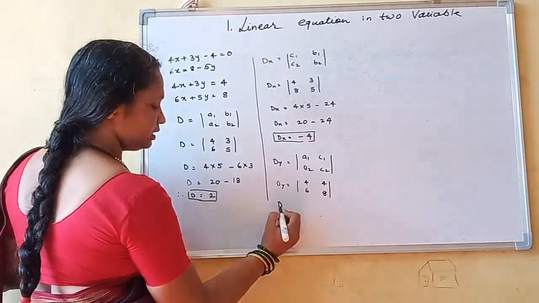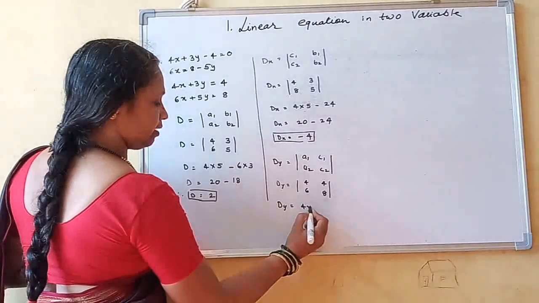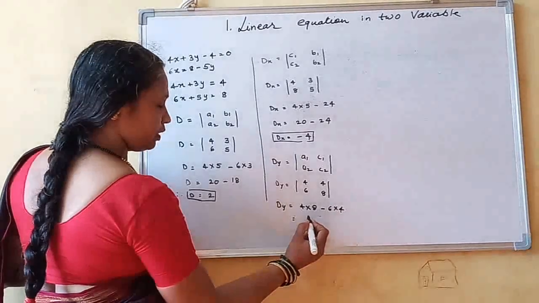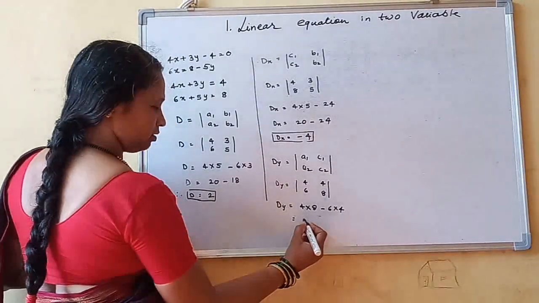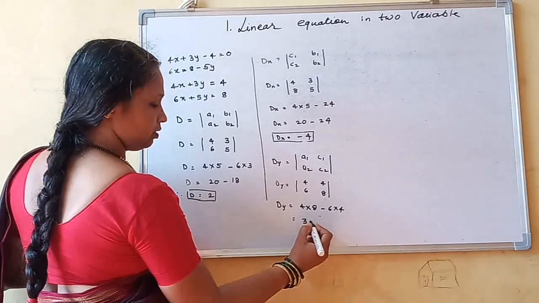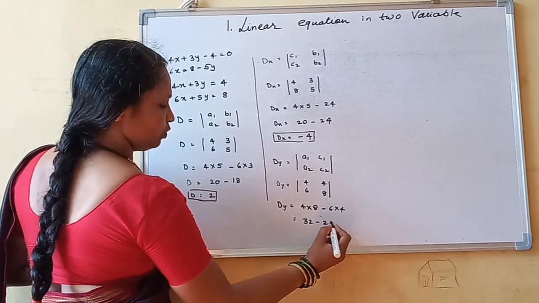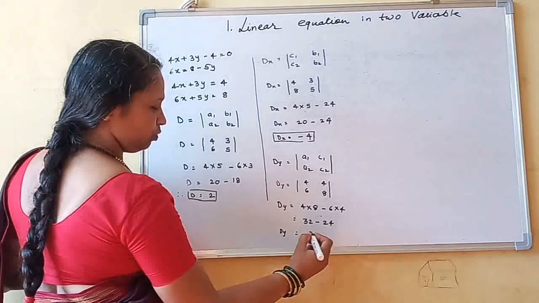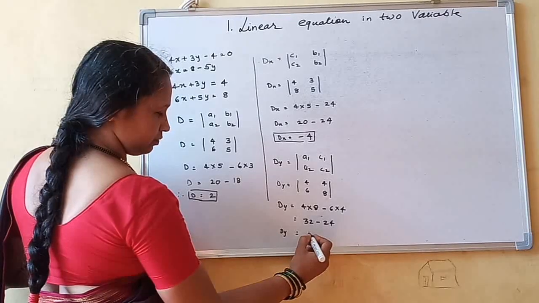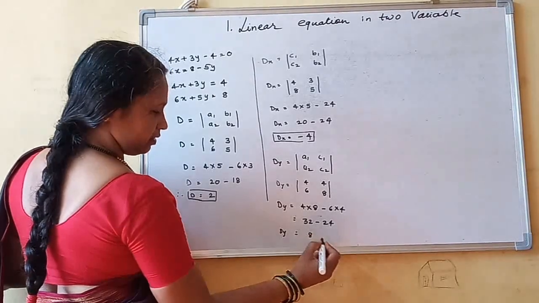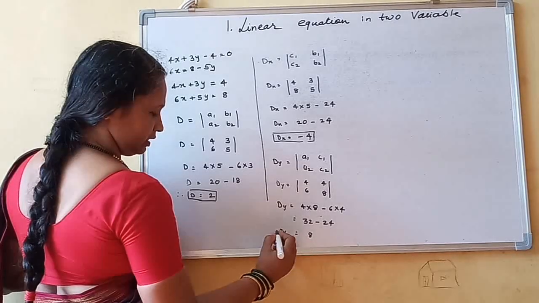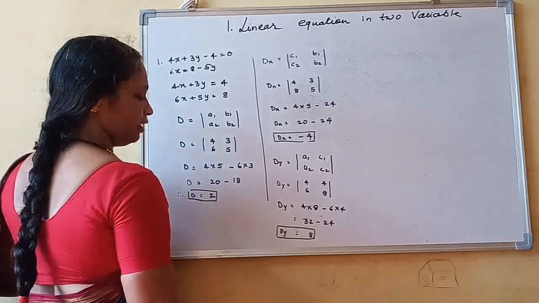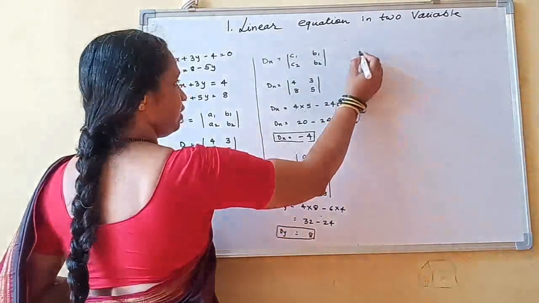Now Dy is equal to 4 into 8 minus 6 into 4. So 4 eights are 32, minus 24. So Dy is equal to 8.